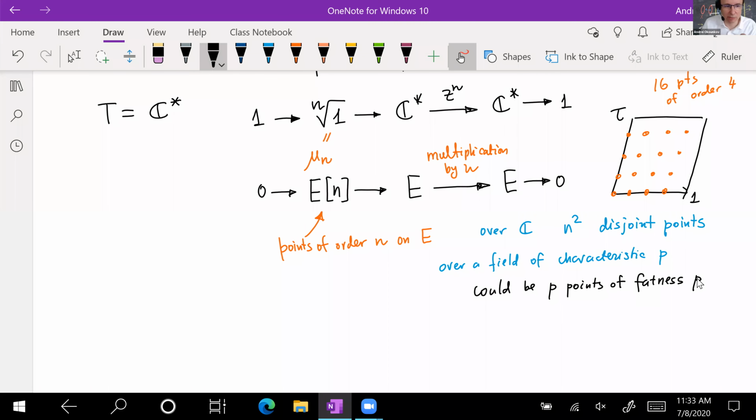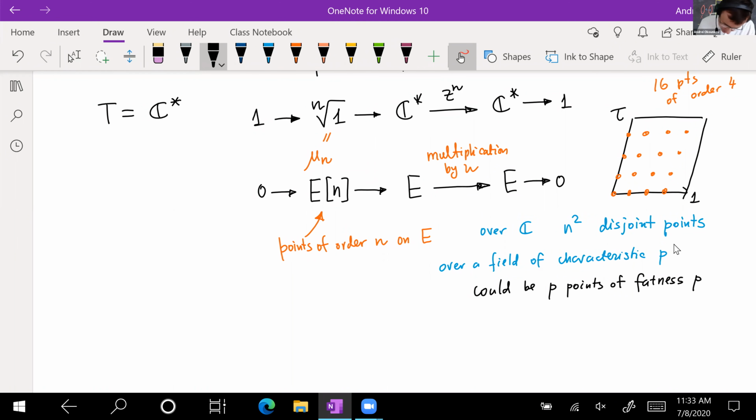It's clear that this has to be a bunch of fat points, because if I take the addition, for n equals p.